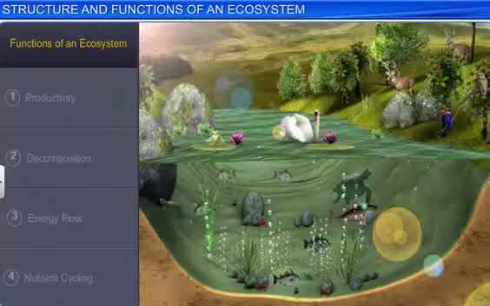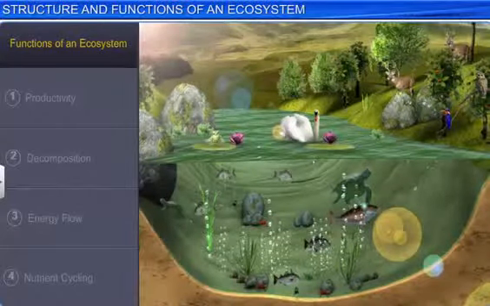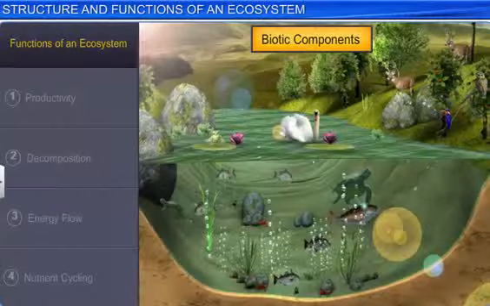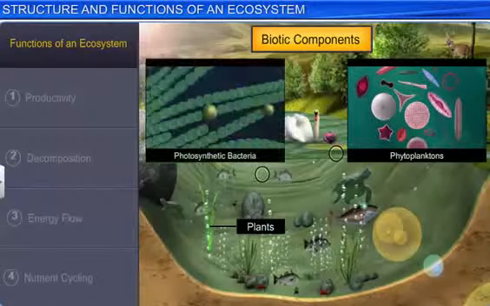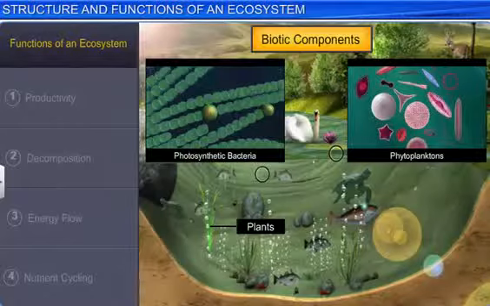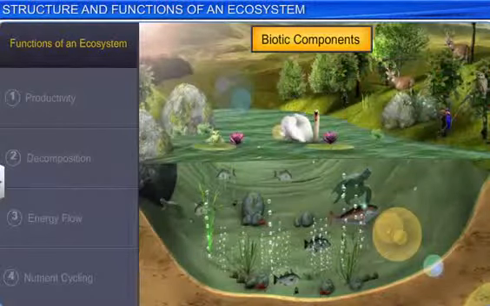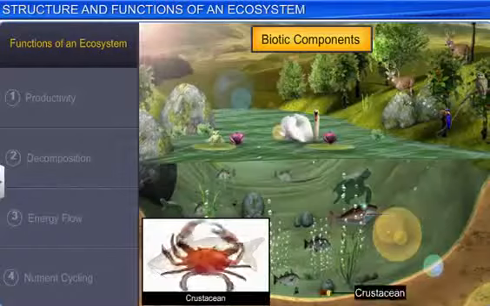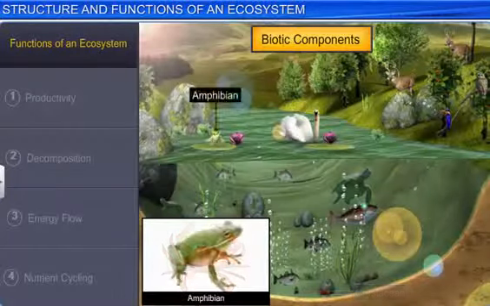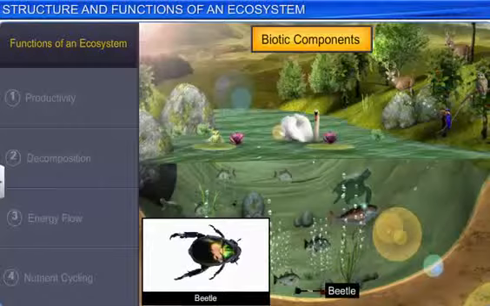Like abiotic components, there are several biotic components in this pond. These include autotrophic components like plants, phytoplanktons, and photosynthetic bacteria found both floating and submerged in water. The biotic components also include heterotrophic components like small and big fish, crustaceans, amphibians, beetles, and zooplanktons.